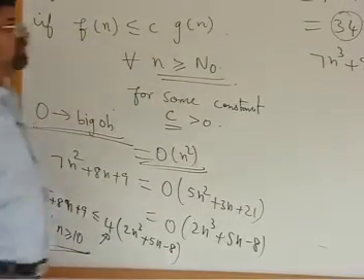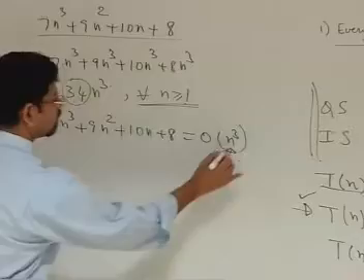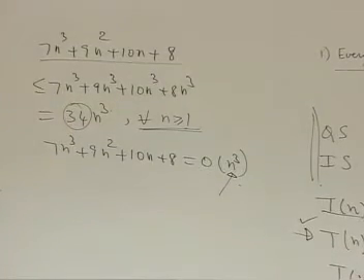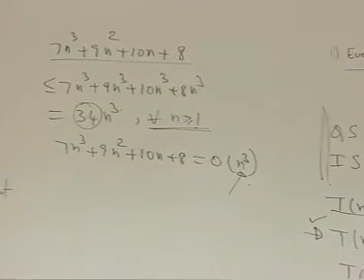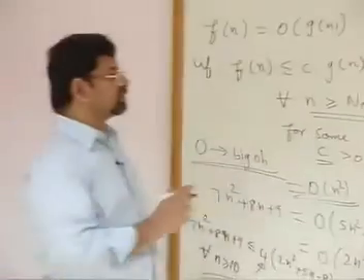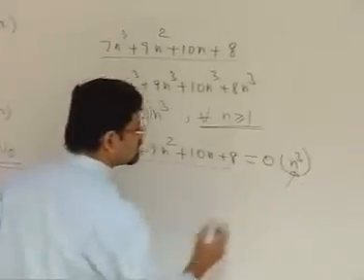Okay? But you see that this function g of n equal to n cube is much simpler than the original function. So this is f of n and this is g of n.